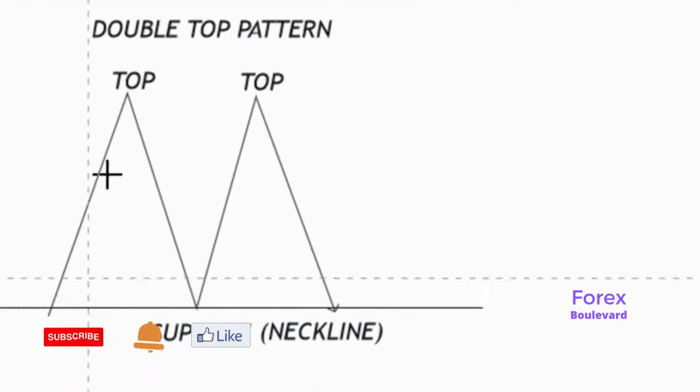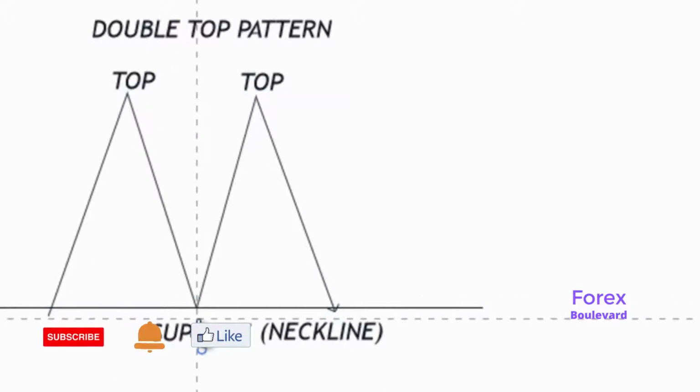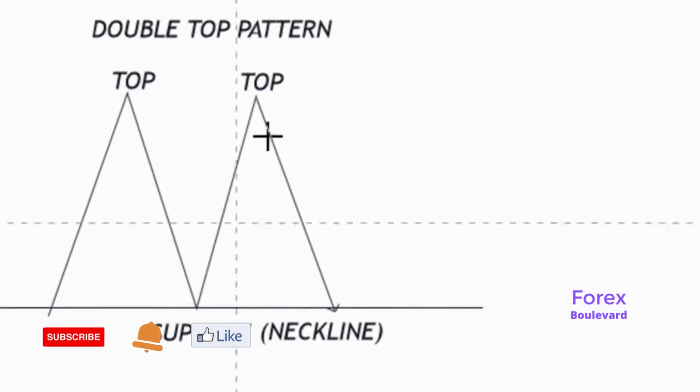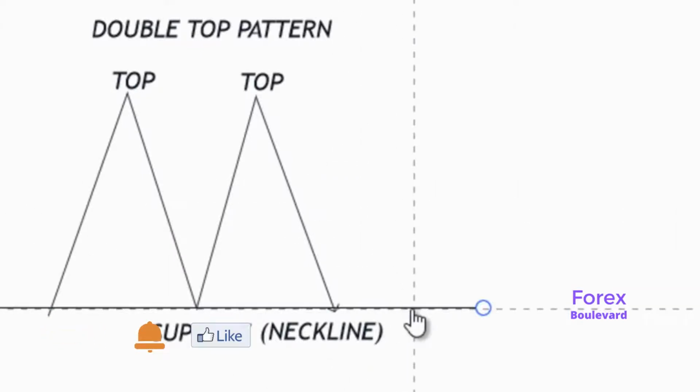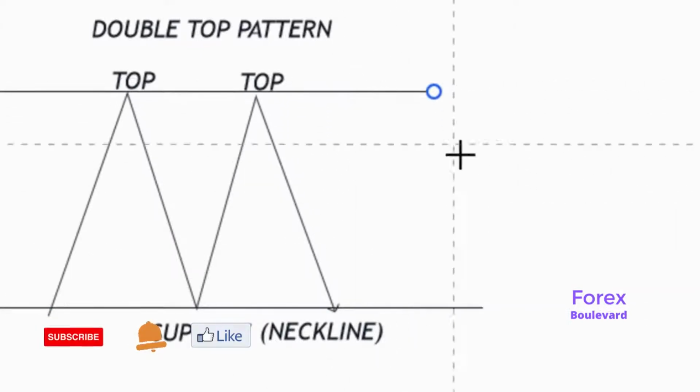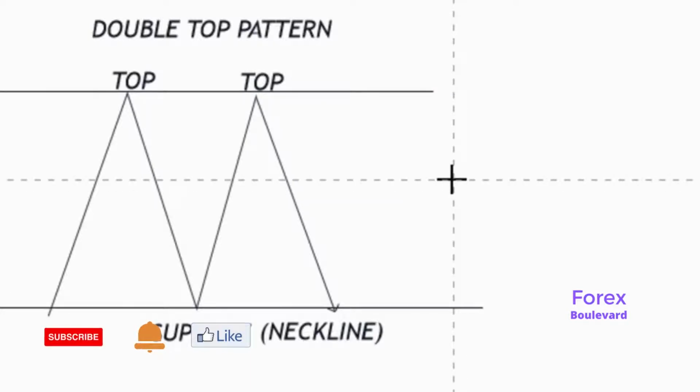Okay, so we have a push down, then a push to the downside, we have a bounce to the top, we have a bounce, and so what's basically happening is that we are having this. One thing with the double top is that there's actually a range, because we only have three movements in the market.